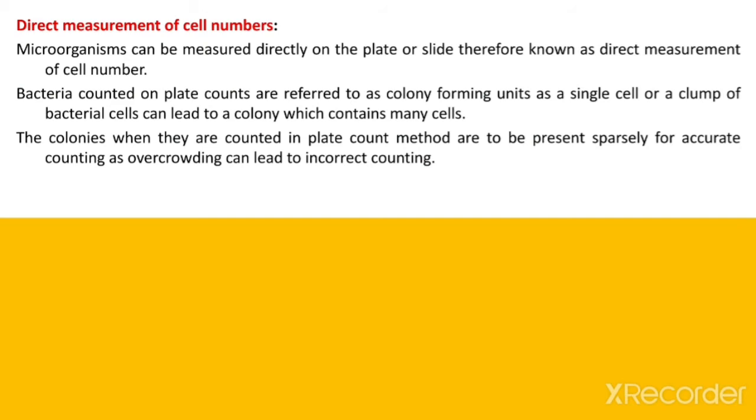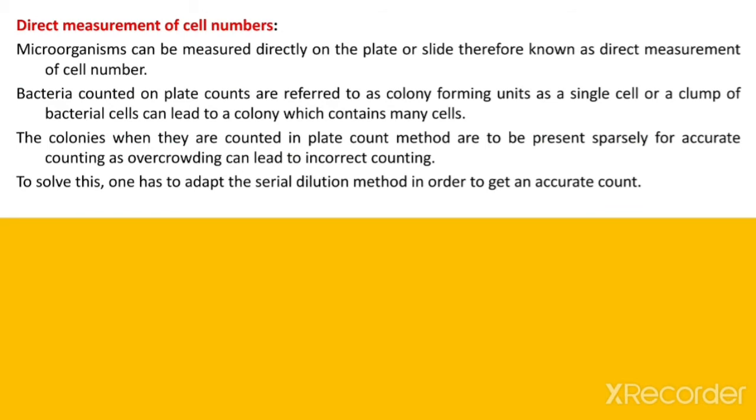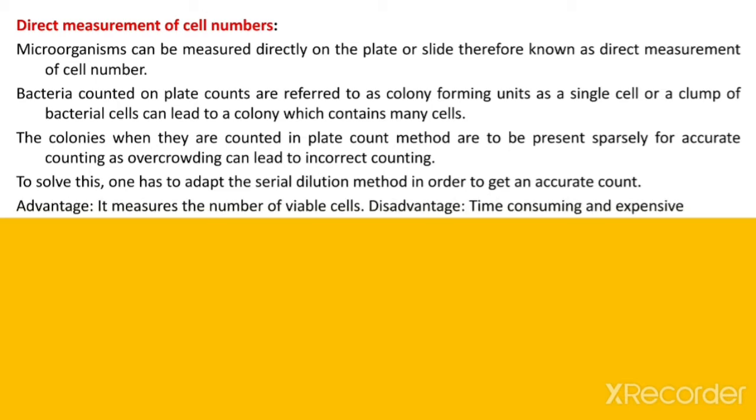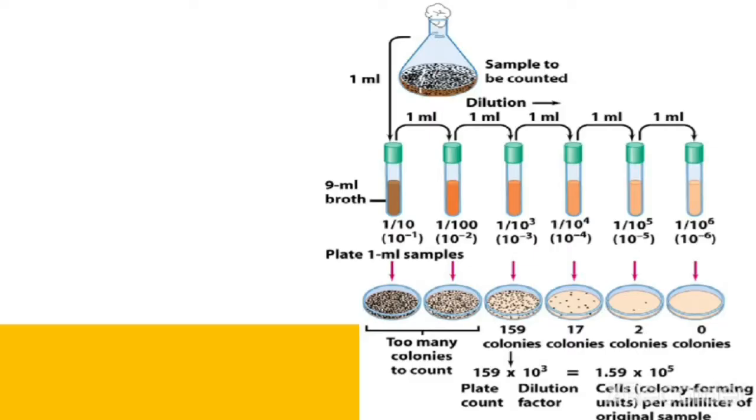The colonies in the plate count method must be well separated for accurate counting, as overcrowding can lead to incorrect counting. To solve this, one has to adopt the serial dilution method in order to get an accurate count. The advantage of this method is that it measures the number of viable cells. The disadvantage is that it is time consuming and expensive.